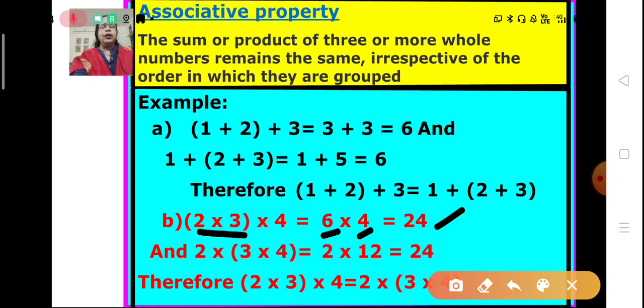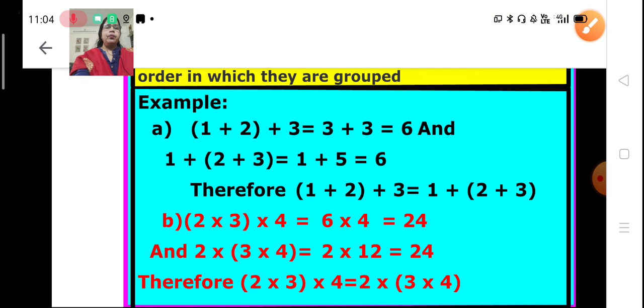And if we change the grouping, that means if we group 3 and 4 together and multiply them, we get 12, and if it is multiplied with 2 we get 24. So even if we change the grouping, the result remains the same.